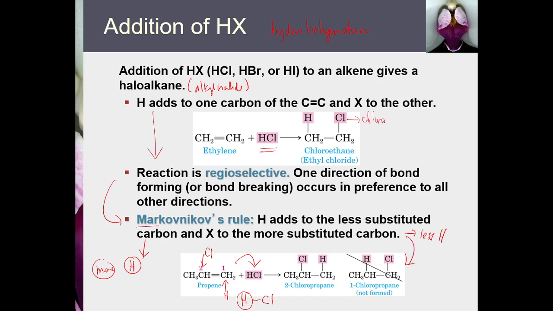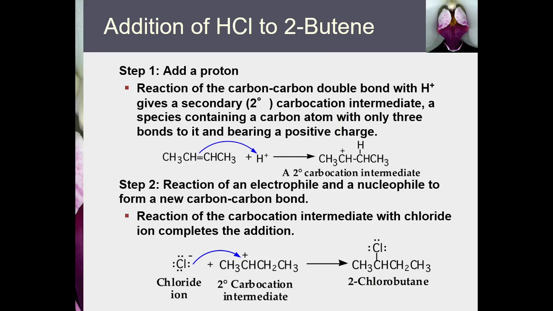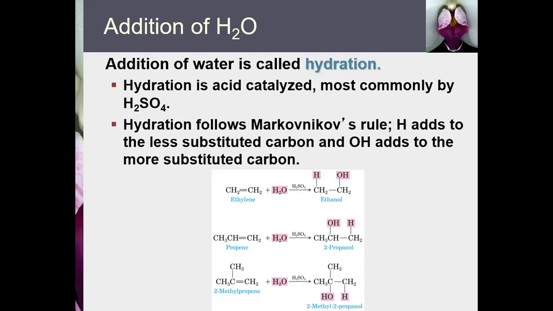So, ito si Markovnikov, isa siyang scientist na experimentally ay na-determine niya na yung inyong H ay mas nag-attach dun sa carbon na mas madami yung hydrogens originally, and then yung halogen ay mag-attach dun sa carbon na mas kakaunti yung hydrogens. So, this reaction is your hydrohalogenation reaction.